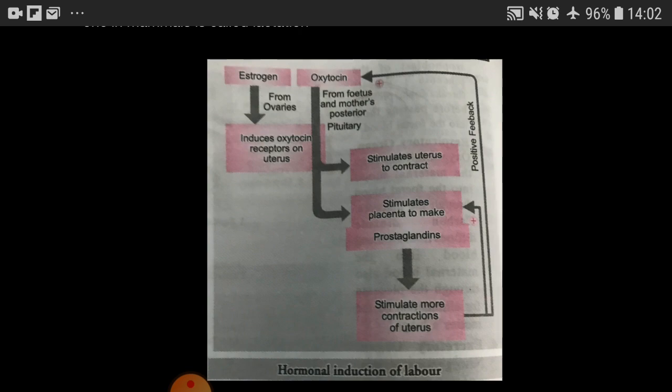The signals for parturition originate from the fully developed fetus and the placenta, which induce mild uterine contractions known as the fetal ejection reflex. And this of course is triggered by the release of oxytocin from the maternal pituitary, as I just told you from this diagram which is displayed on your screens.